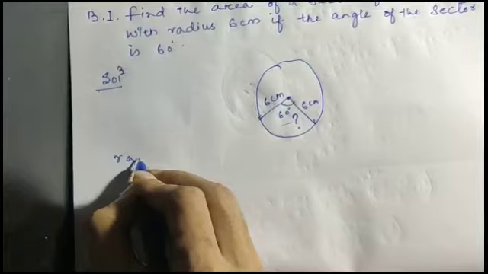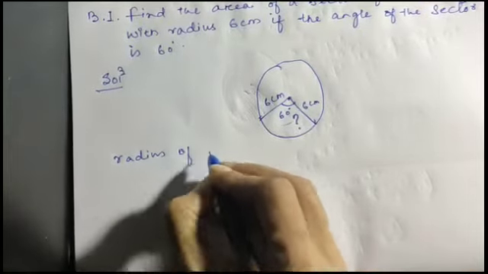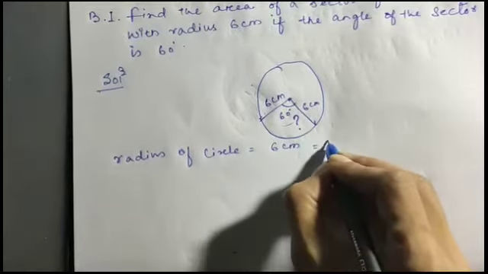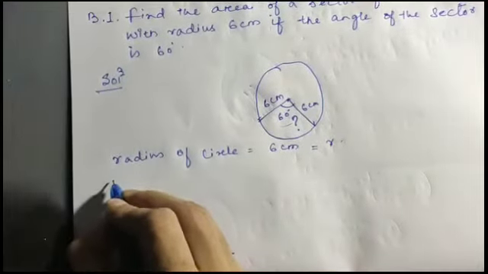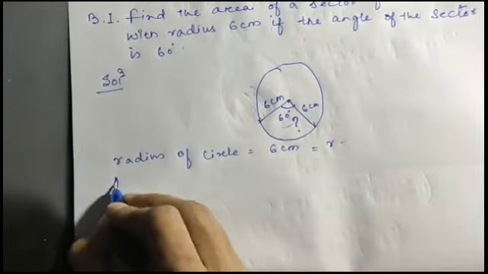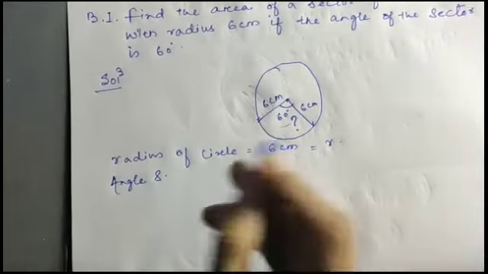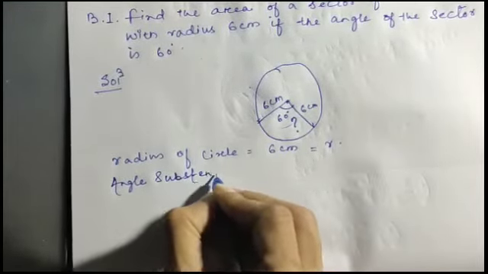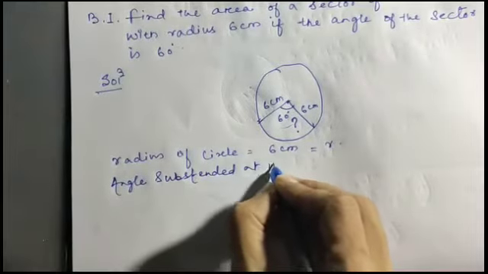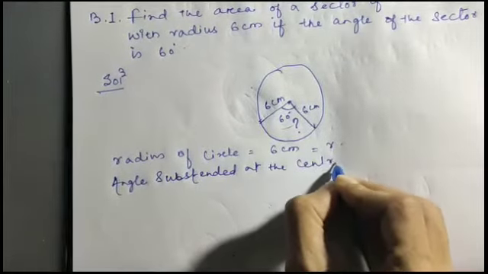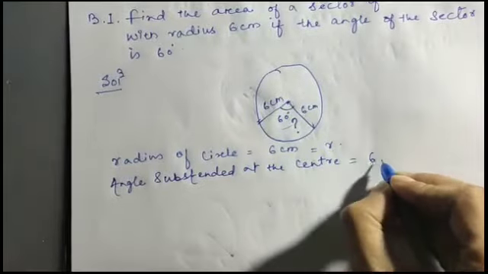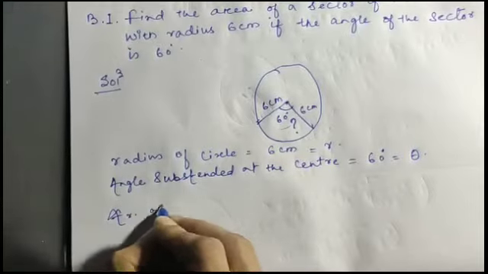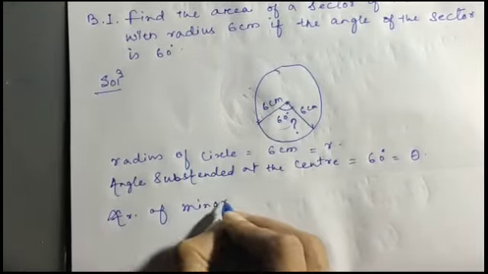Radius of circle is given as 6 cm, which we will name r, and the angle subtended at the center is given as 60 degree, which we will name theta. Done.